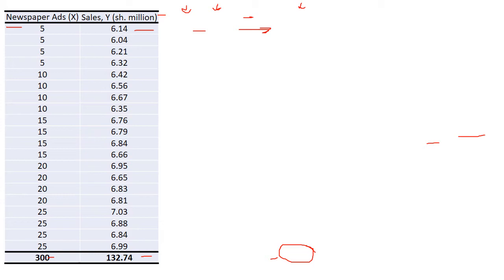To compute the covariance, we first have to get the differences between the sales and the mean sales, and then the adverts and the mean adverts, and then we multiply them.